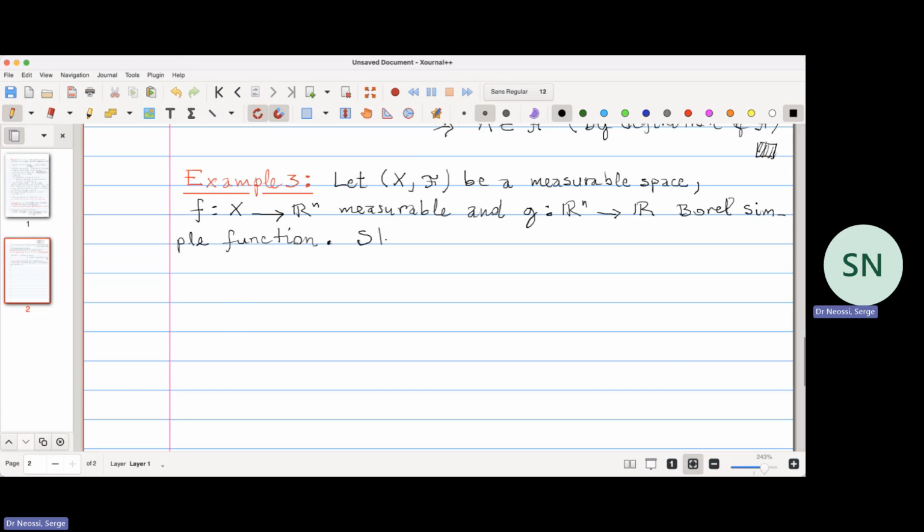So we are asked to show that G, so the composition of G with F is a simple function. So this is the problem.